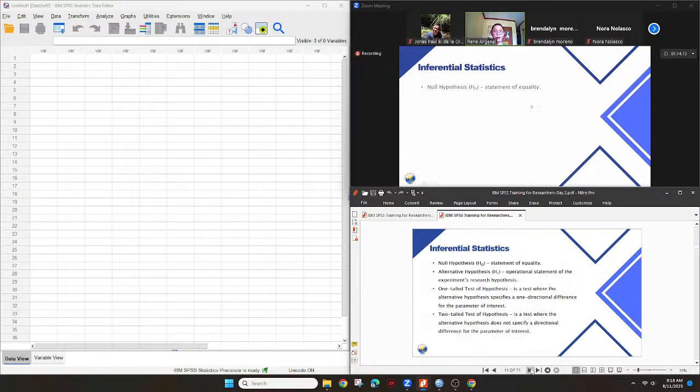Okay, so we go to inferential statistics. Usually in inferential statistics, we will be testing hypotheses. You have here the null hypothesis. This is the statement of equality. It is a statistical hypothesis which asserts that there is no difference, no relationship, or no impact or effect due to the influence of the independent variable.